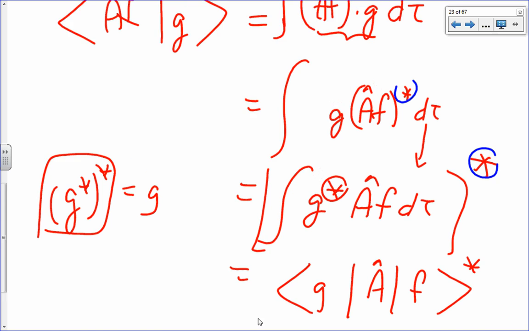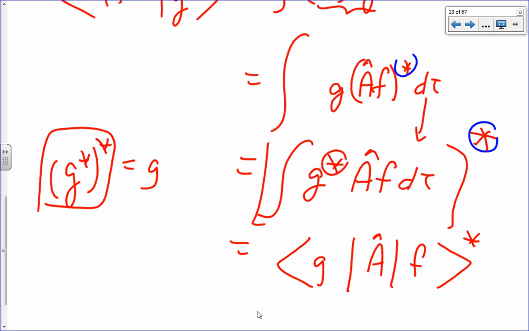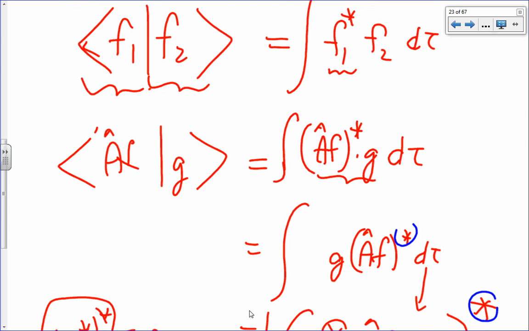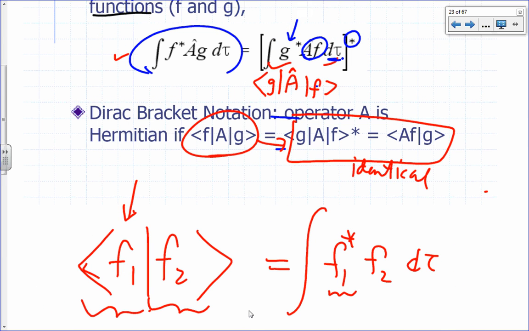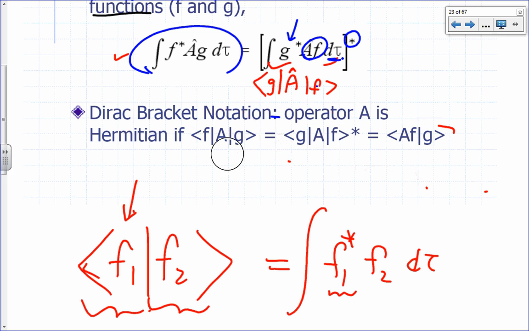Okay, so what I've just done is I've shown that these two are identical. This is true even if A is not Hermitian.